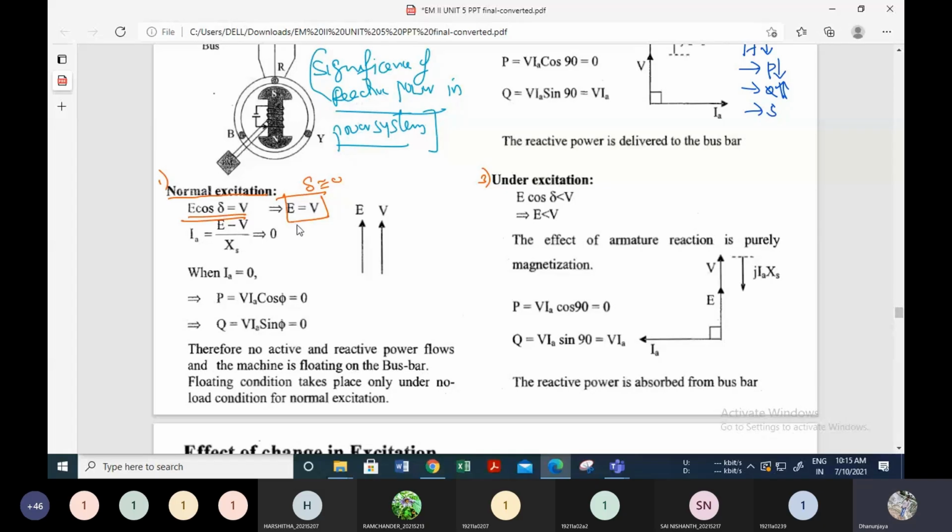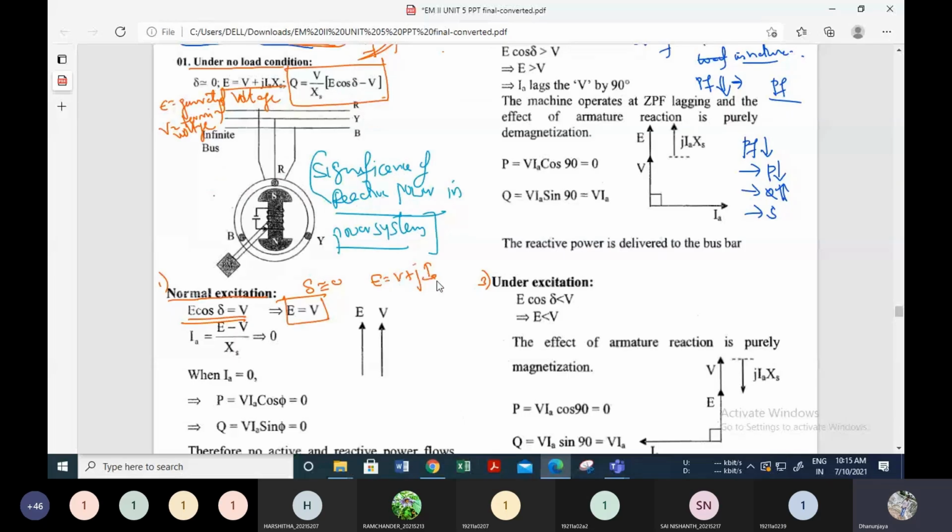And we have the equation that E equal to V plus J into IA Xs. Generated voltage equal to terminal voltage plus IA into synchronous reactance, Xs. What is Xs here? Synchronous reactance.